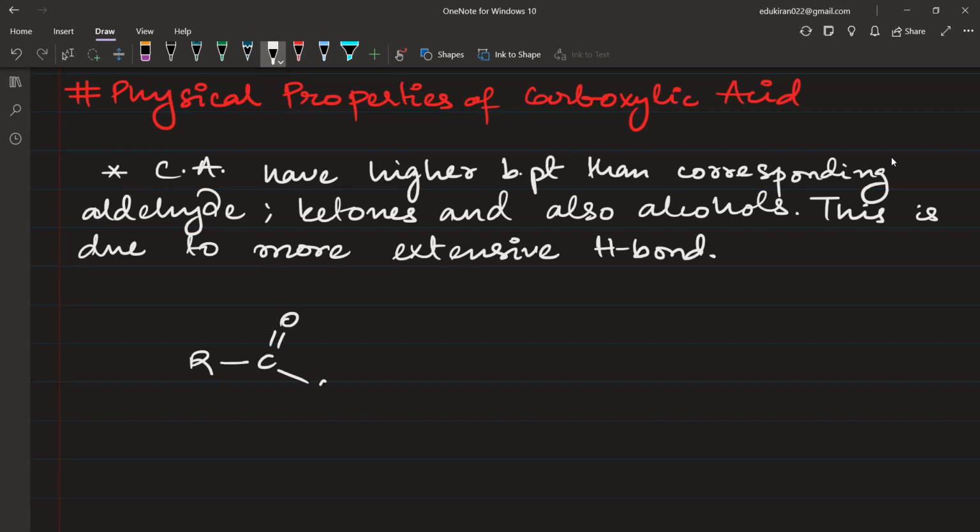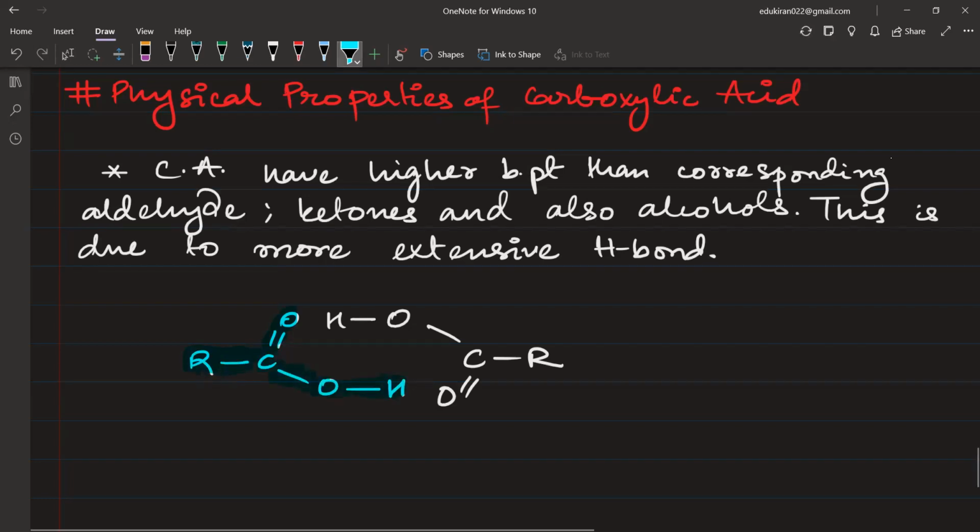C double bond O, OH, and here you have... okay. So this is one molecule. This is another molecule.